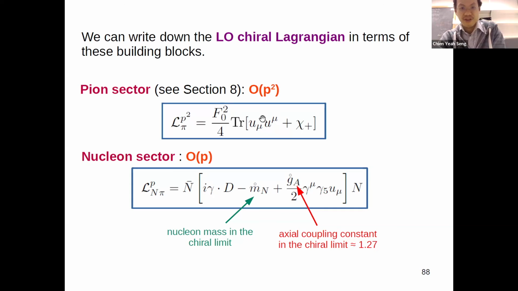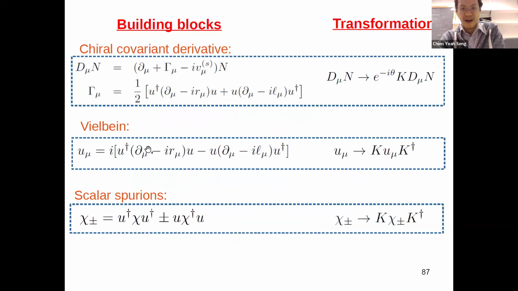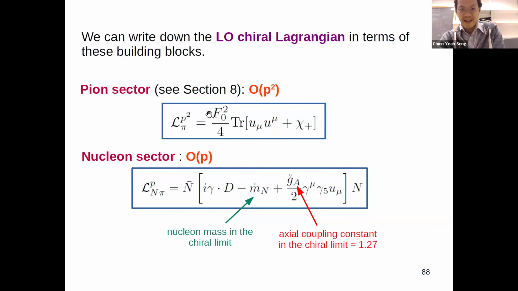But now we can rewrite it in terms of this field. So this Lagrangian is exactly the same as we introduced in the previous section, just the appearance is a bit different because we do not use U, but use the field.